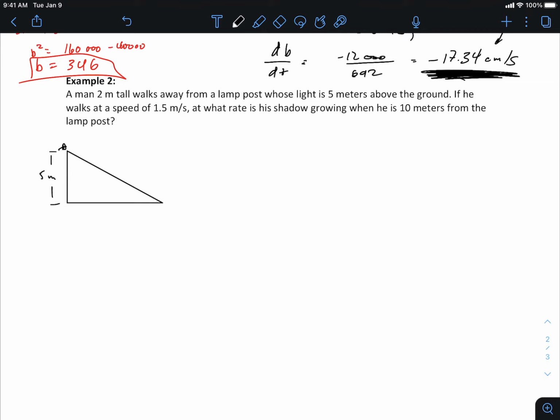And then the man's walking away from the lamp, and we know that he is 2 meters tall, from here to here, let's say. Is that about it? So at what rate is the shadow growing when he is 10 meters from the lamppost?